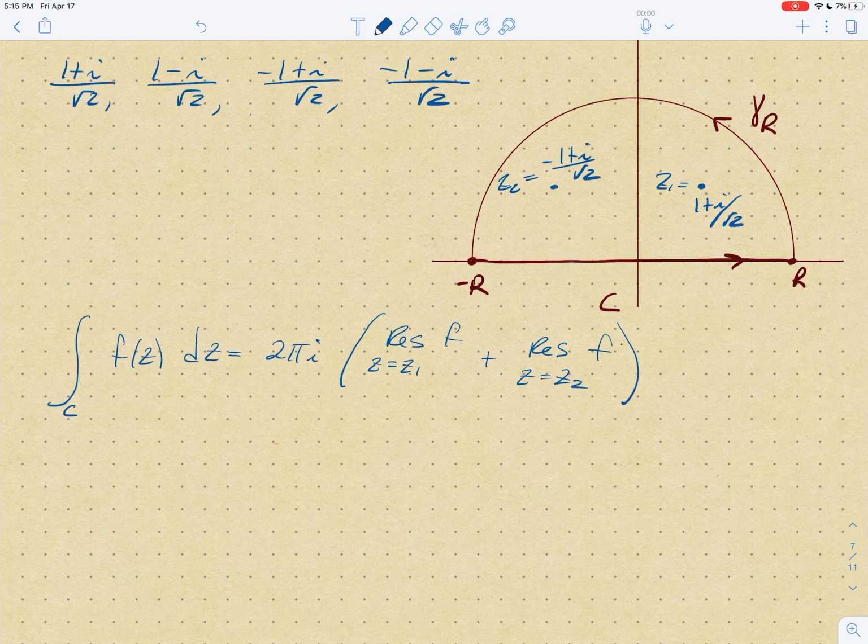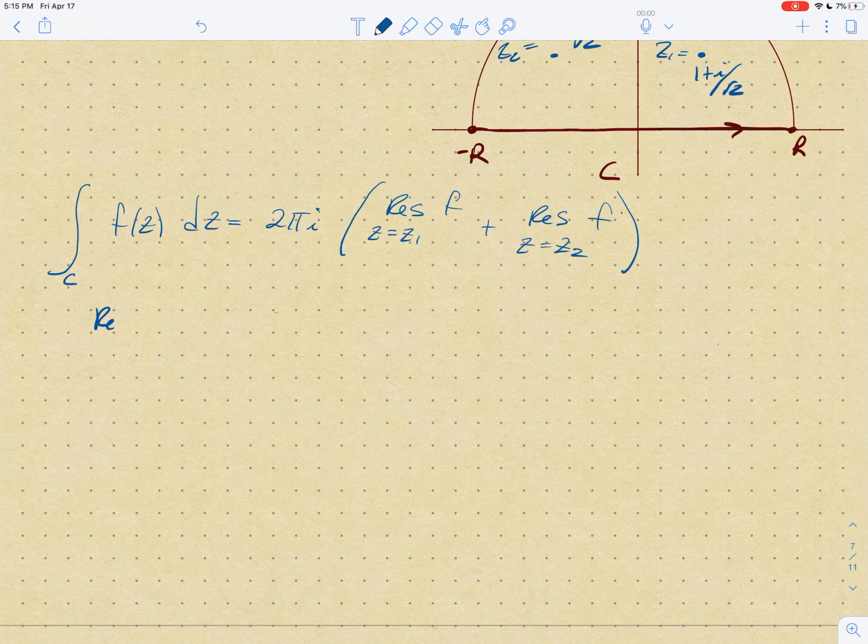Let's go ahead and compute the residues now. This is a long problem. These are multi-step problems. So for the first residue, let's just see how it goes. We're going to use the theorem that we did at the beginning of this lecture. So the residue at z equals z1, I'm going to realize that this is exactly z squared over the derivative of the bottom.